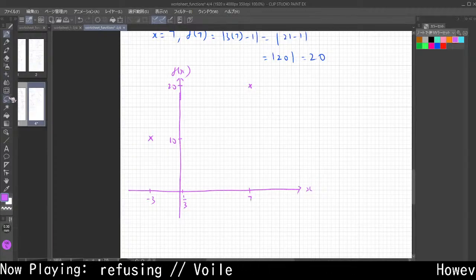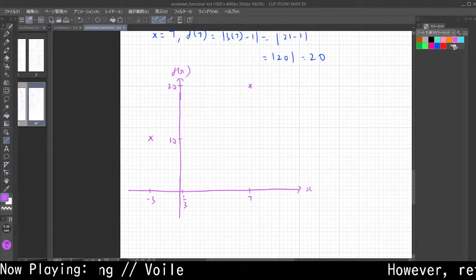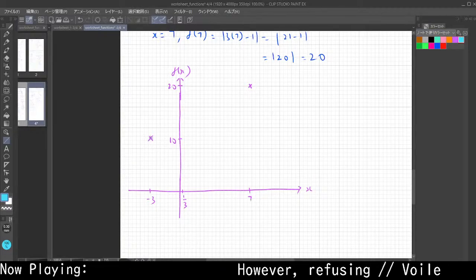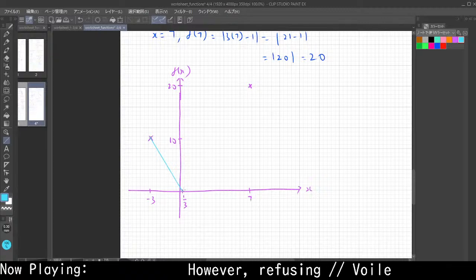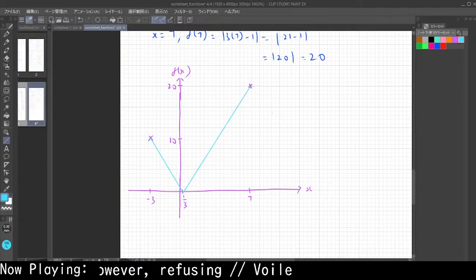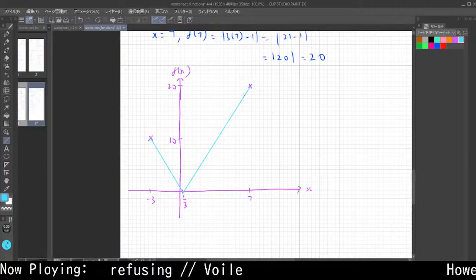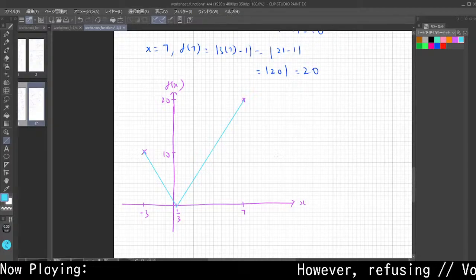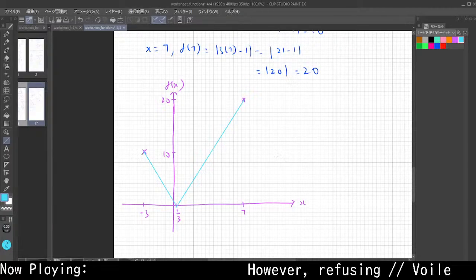So at the end, you have this V shape, done. There's nothing else you need to do.